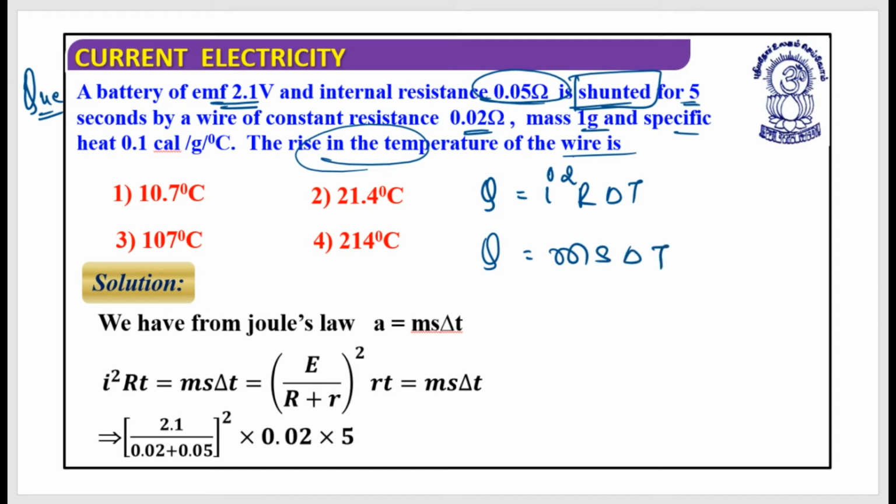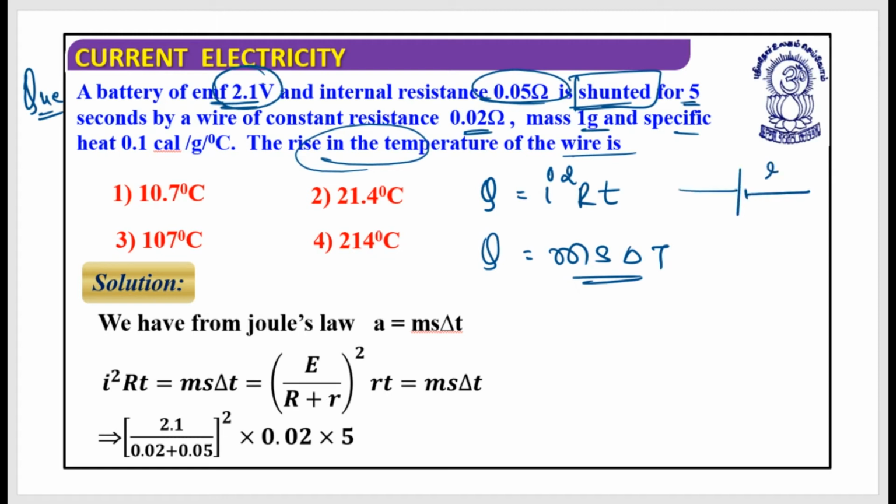If you have misunderstood this, it is I square R into T. That means for the time the current is flowing and the heat is produced, you need to find out the rise in the temperature of the wire. So let's equate this. What is I? Let's have a look.